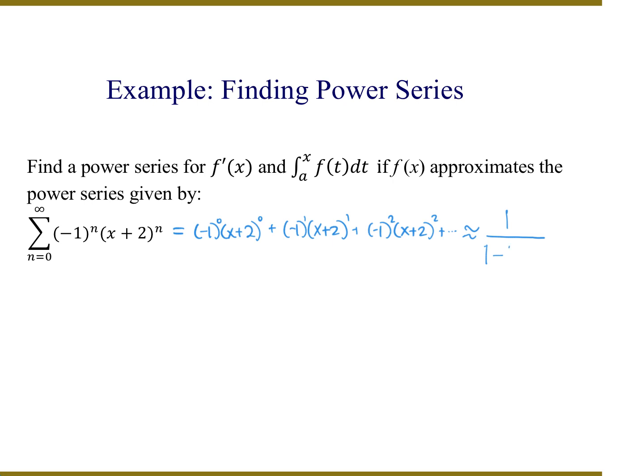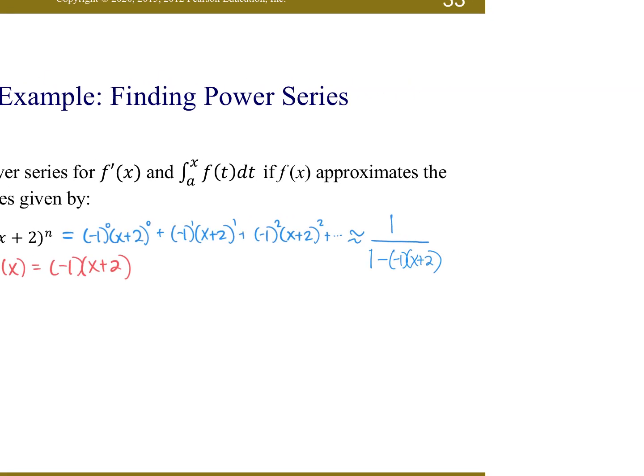Okay, so 1 minus negative 1 and x plus 2. That's our r this time. All right, our r of x is both the negative 1 and the x plus 2, both of them. Okay, so how would you simplify that, Alex? 1 over, good job, x plus 3.